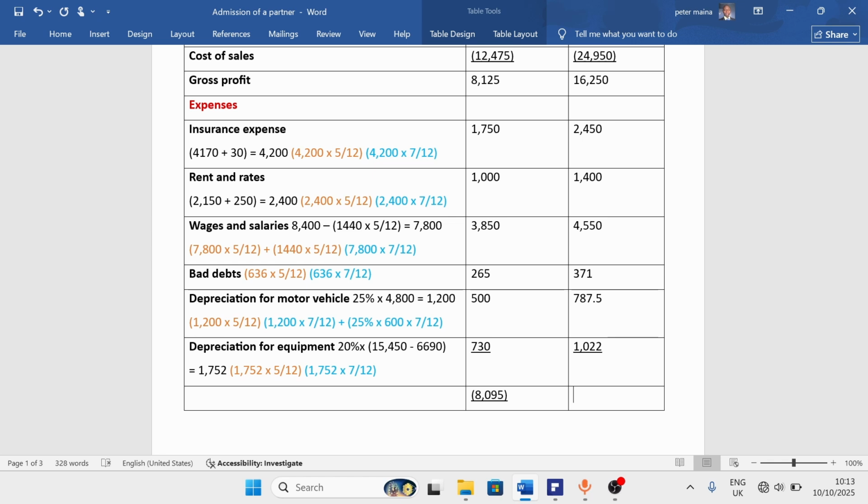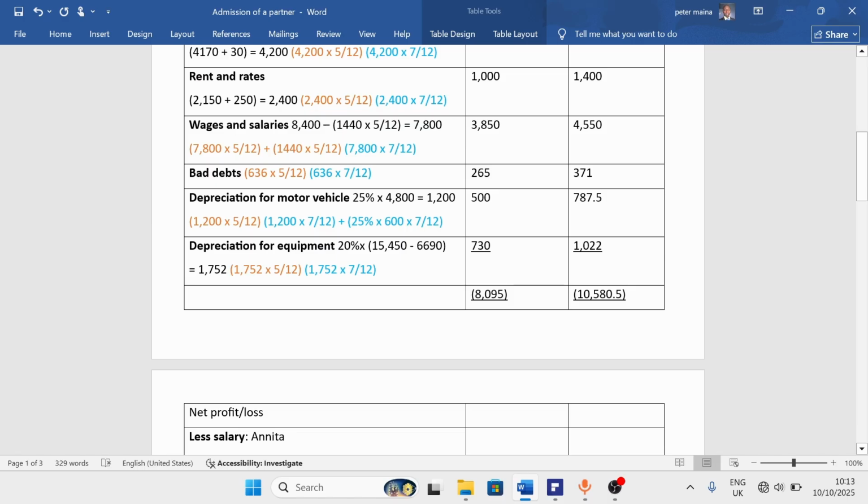So the total expenses for the second period is 10,580.5. So now we are going to deduct these expenses from the gross profit. So you take the gross profit for the first period, 81.25 minus 80.95. So that gives us a net profit of 30.